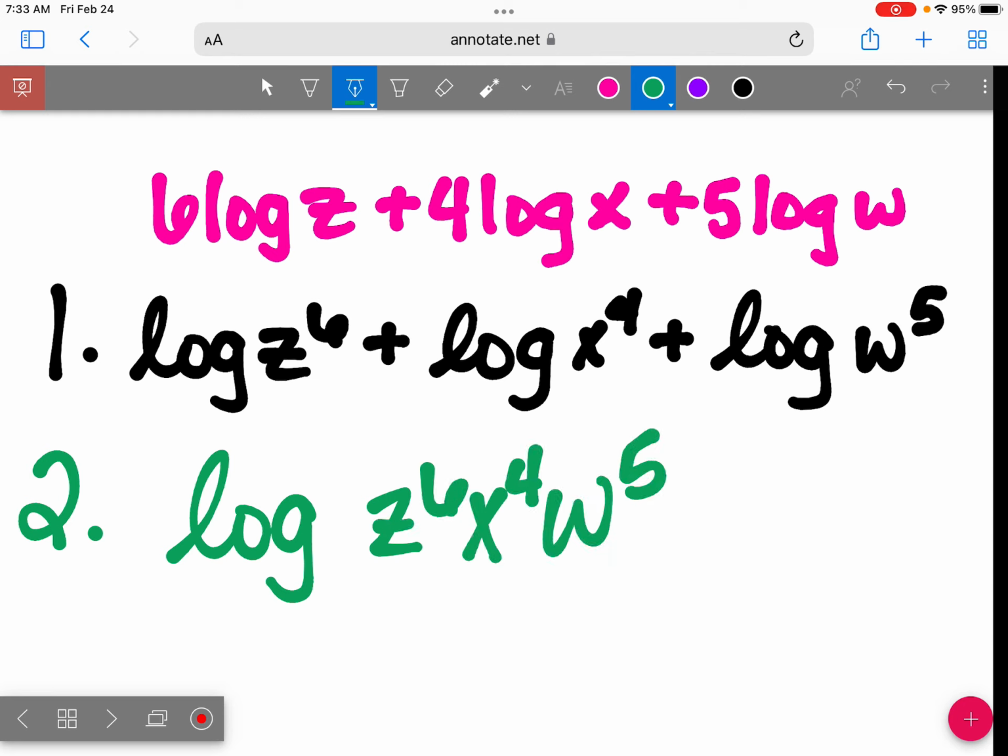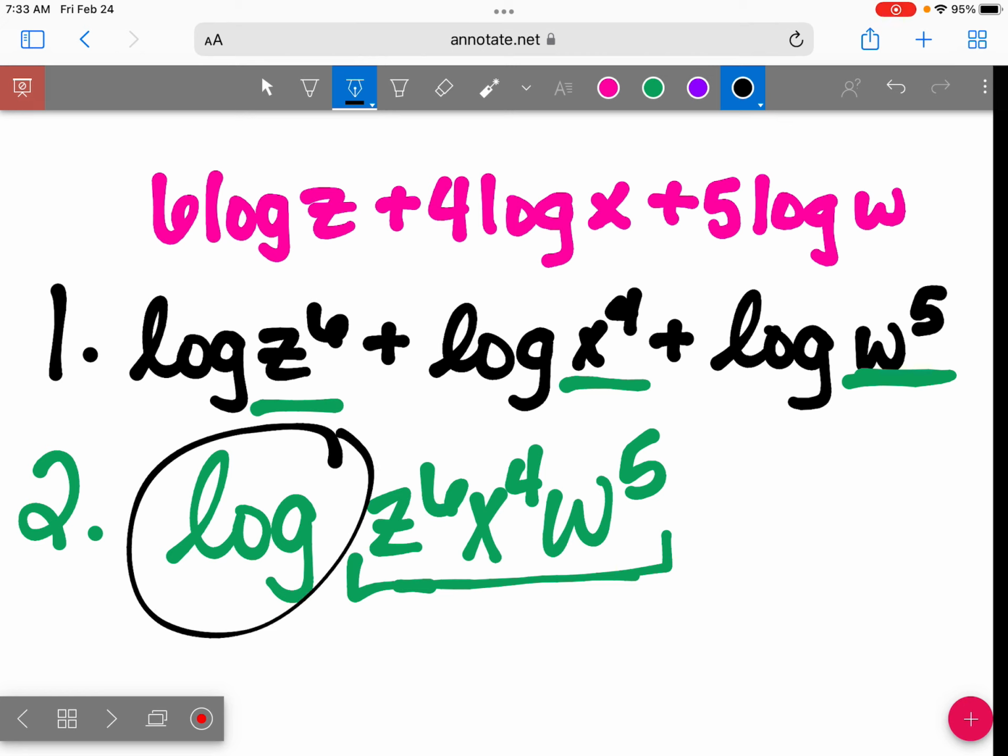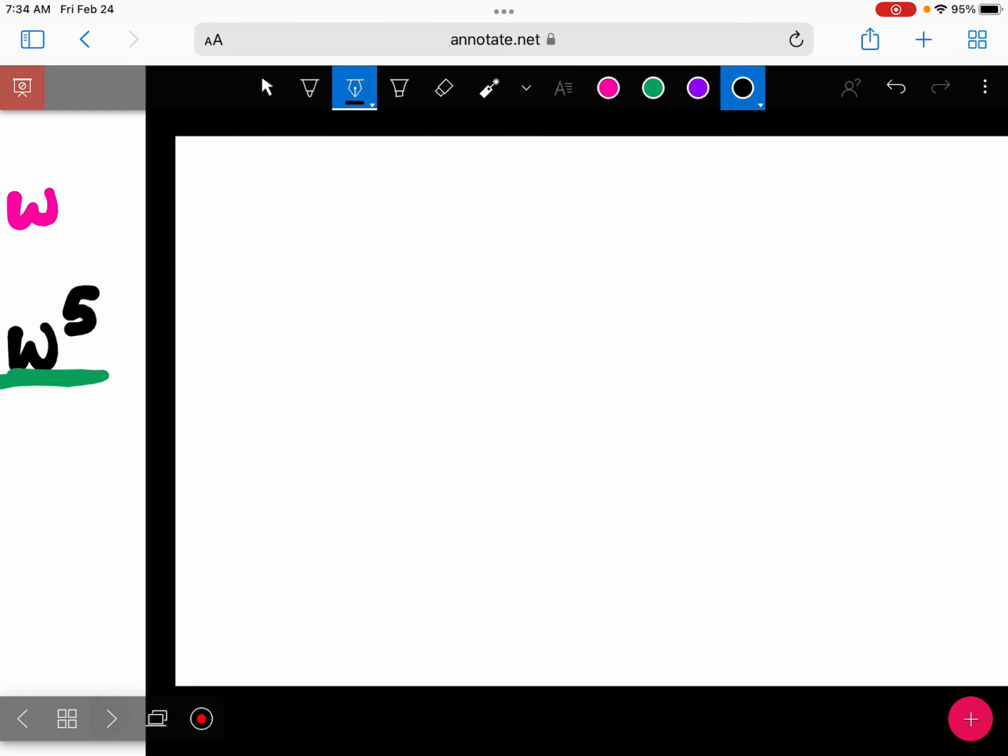Good. So we take all 3 pieces here, and they become multiplied right here, okay? And again, we end up with 1 log, okay? And then do we have a third step in this one? No, we do not, okay? All right. Everyone good with this? All right, can I go to the next page? Okay.